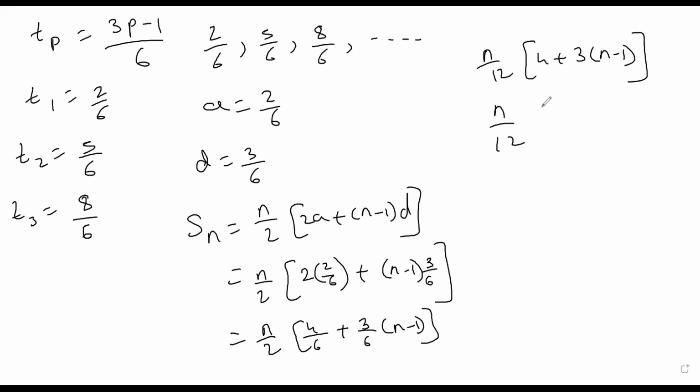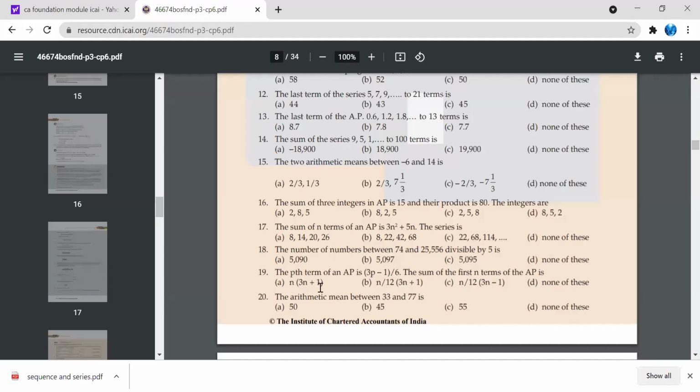So it is n by 12, 4 plus 3n minus 3. N by 12, 3n plus 1. This is your answer. So n by 12, (3n plus 1). B is your answer.